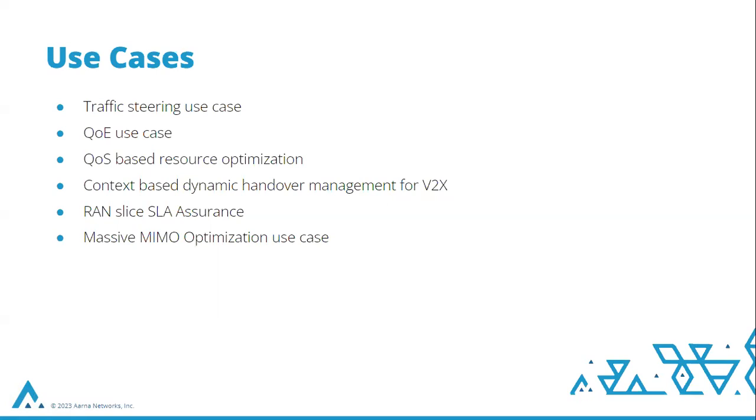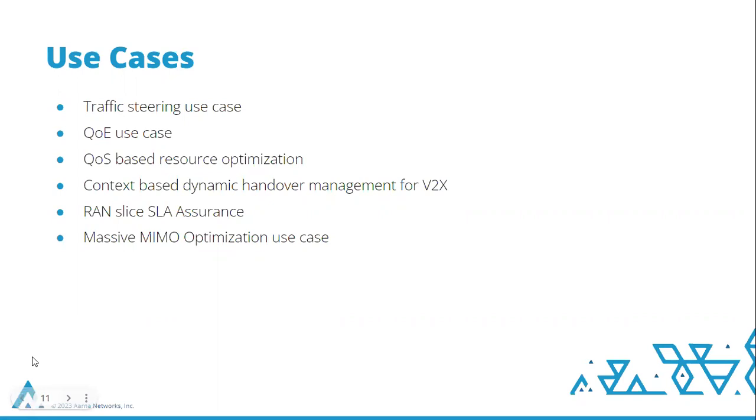So the RAN slice assurance use case constantly monitors, and if any changes are required, it will push those. So some of the rApps deal with this RAN slice SLA assurance.